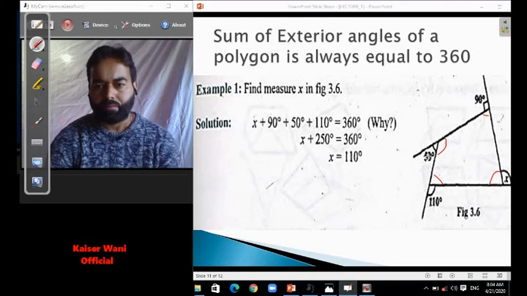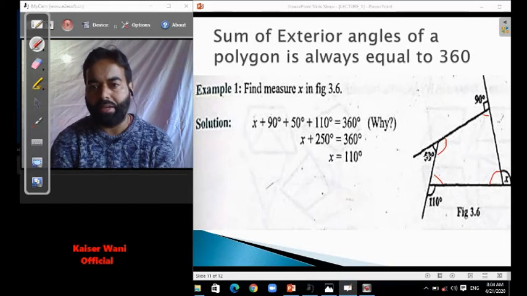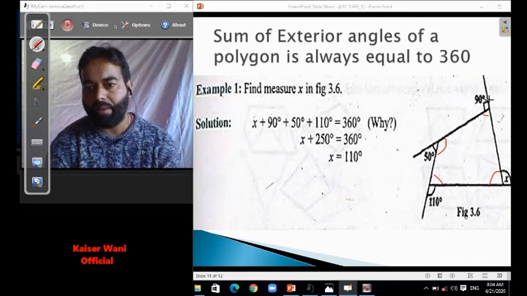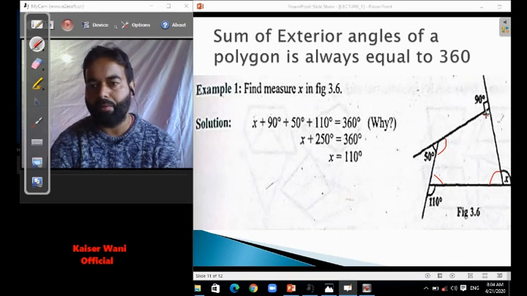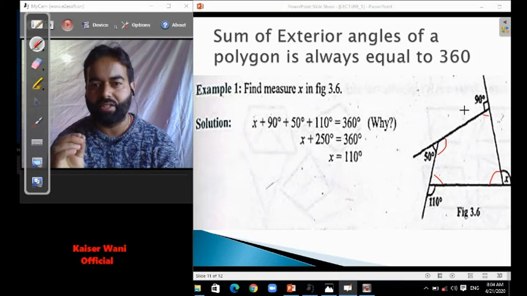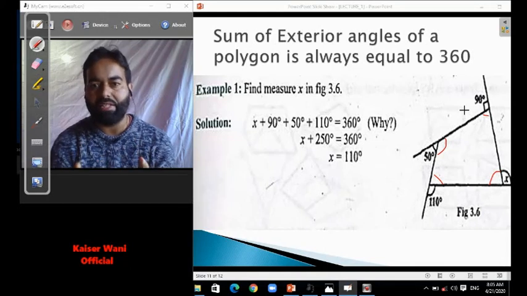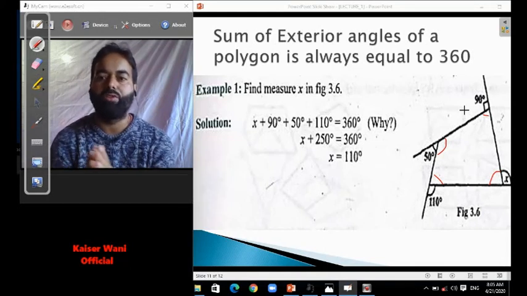Simply remember that the sum of exterior angles of any polygon, whether triangle, quadrilateral, pentagon, hexagon, heptagon, is always equal to 360.